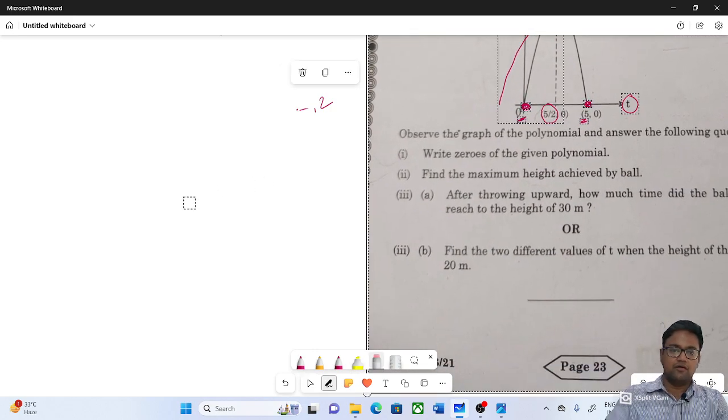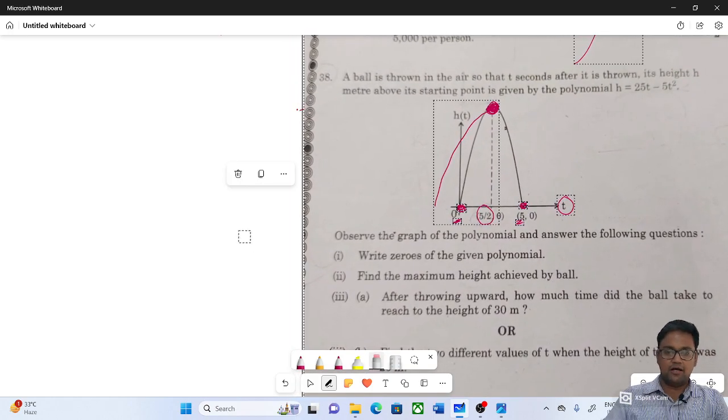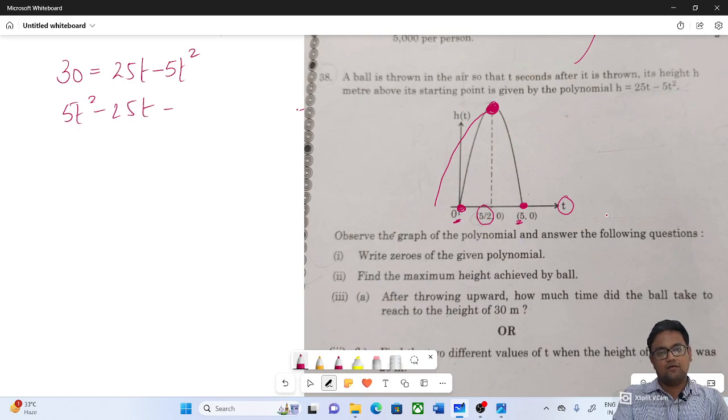After throwing upward, how much time did the ball take to reach the height of 30 meters? The height is given by 25t minus 5t square. So 30, you can see this is a quadratic equation and everything will be brought on one side: 5t square minus 25t plus 30, right?